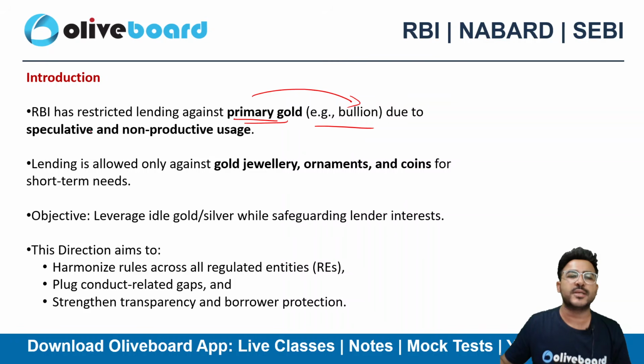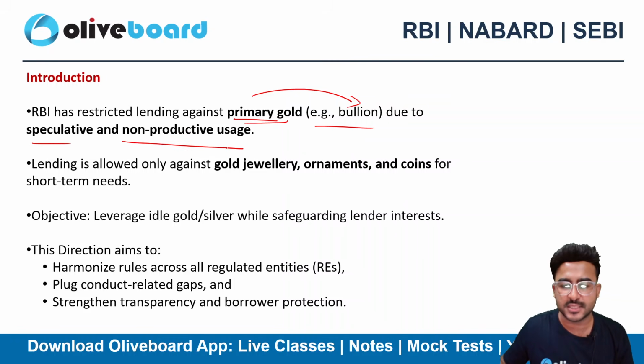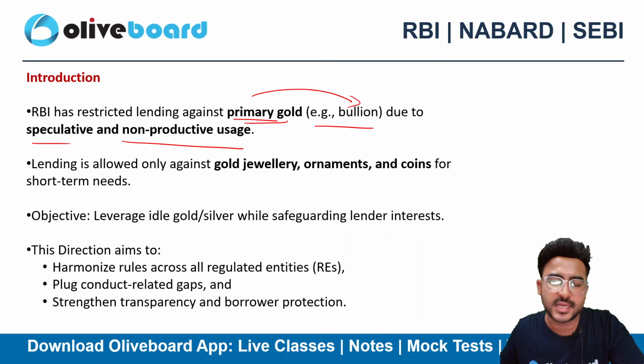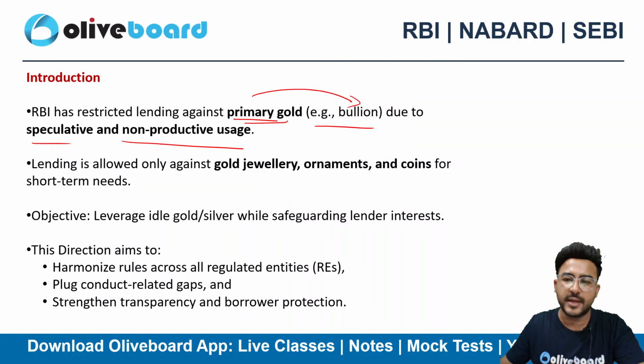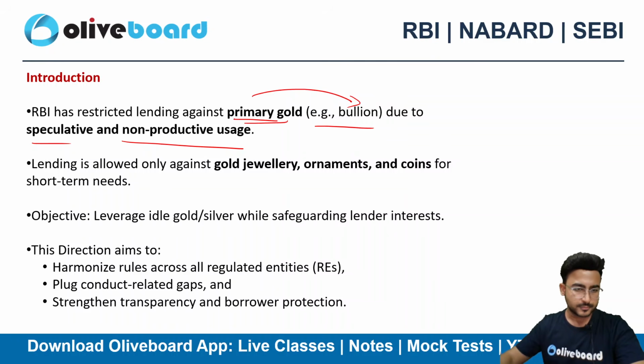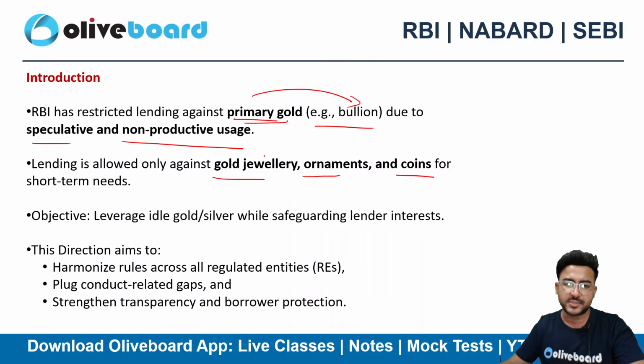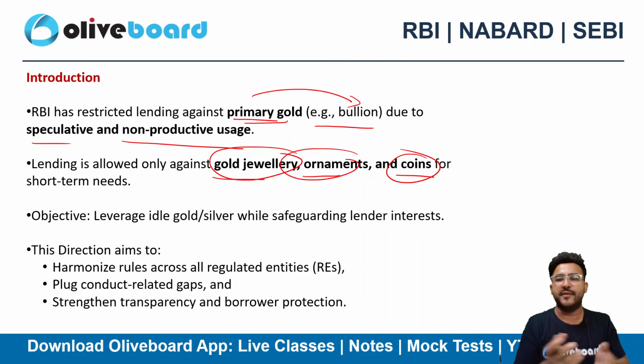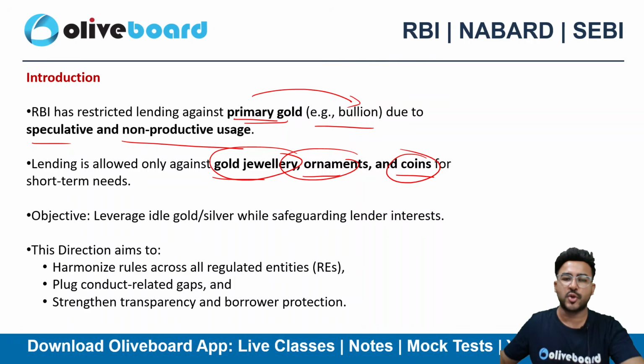Due to speculative and non-productive usage, RBI has restricted the primary gold, which we also call bullion, basically pure gold. Lending is allowed only against gold jewelry, ornaments and coins. So if you have jewelry, ornaments or coins, then you can take the loan, that too for a short-term purpose.